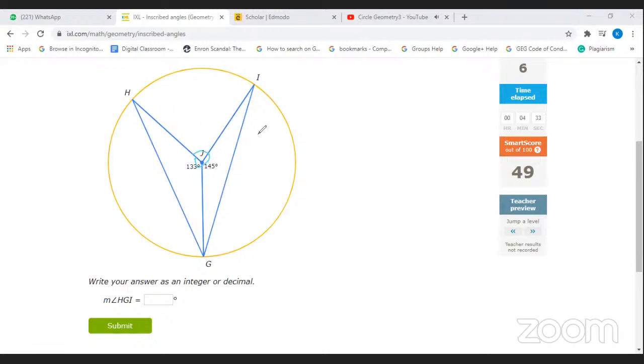When you add this and this together, we have 278. So remove it from 360 degrees. We have 82. So 82 divided by 2, that's 41. So this will be 41.